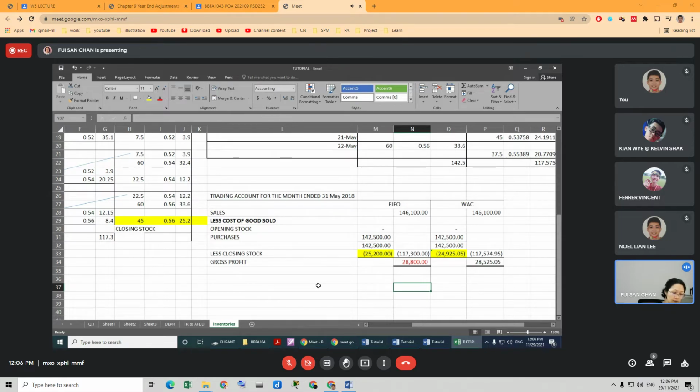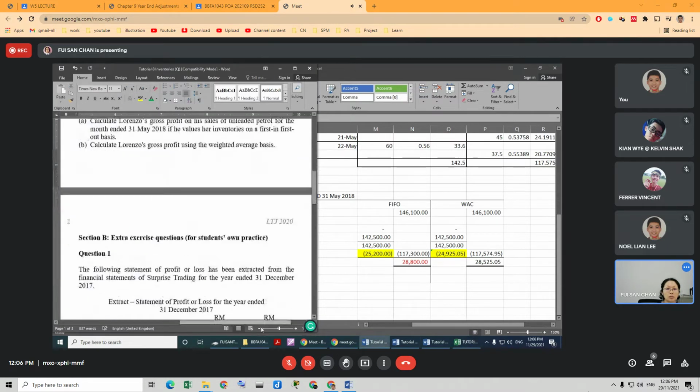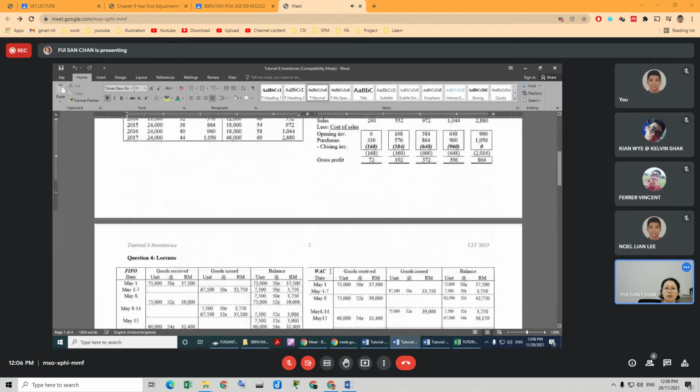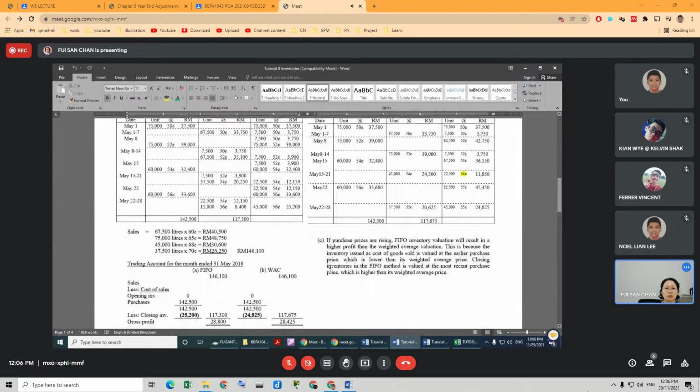Okay, and then next is actually the theory. Now, the theory question just now asks: in 4 weeks' time, in June, he expects the unleaded petrol tank to be full. Which inventory valuation method will give the higher profit? Oh, okay. So you already have the answer, but I can show you. This is my answer.